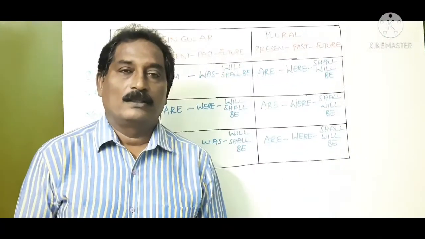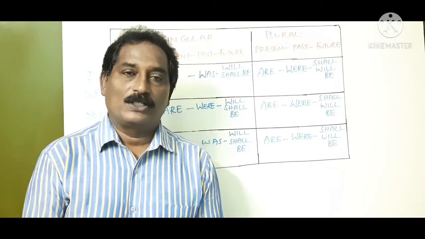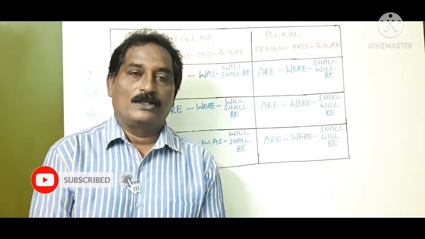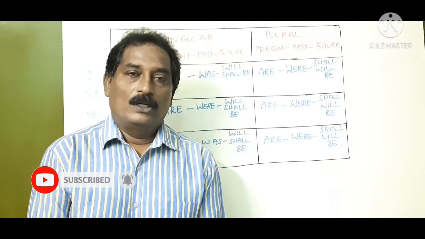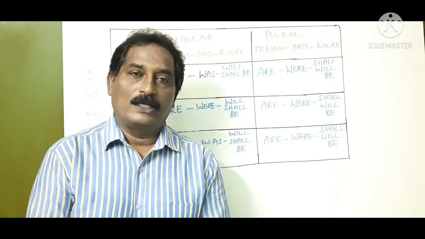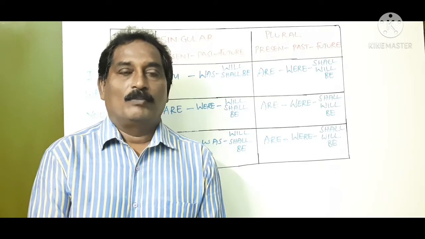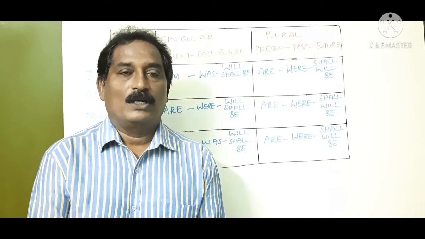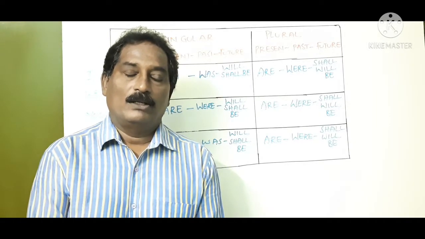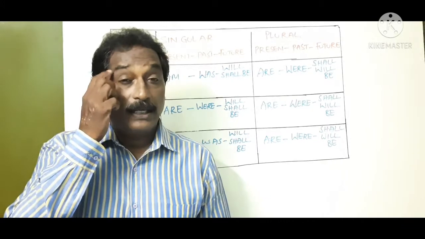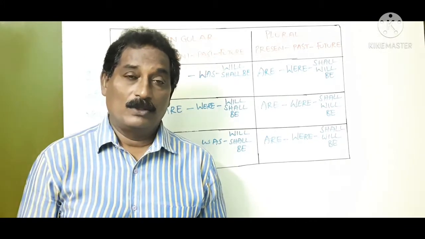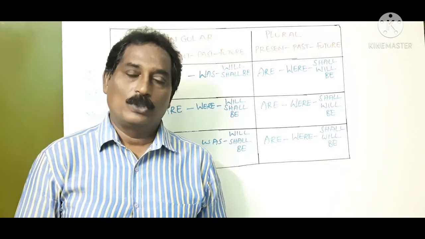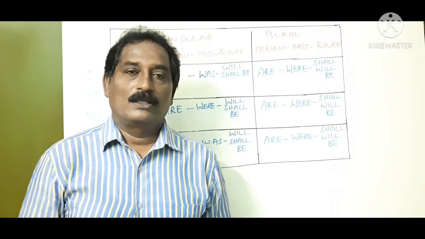Let us see be forms and their association with number and person. This table, what is written on the board, tells you their relation, their association with number and person. We know that there are 7 personal pronouns, and they are used according to number and person. We have 3 persons in English: first person, second person, third person. We have 2 numbers in English, singular and plural.